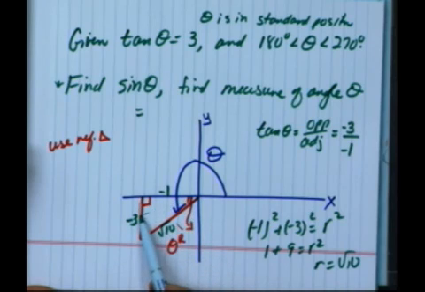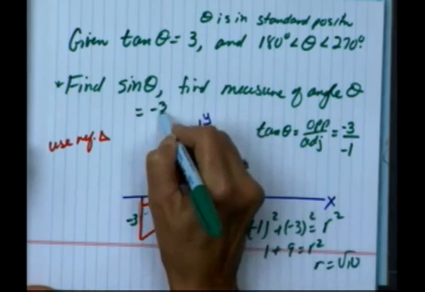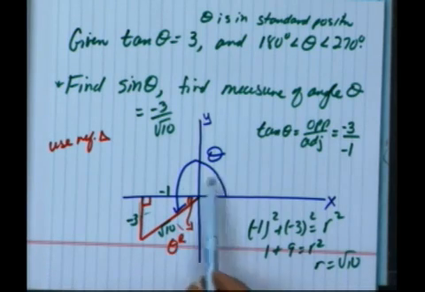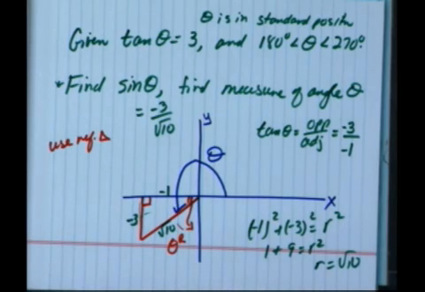Use your little reference angle: opposite over hypotenuse, negative 3 over square root of 10. Once we find out this big angle, we'll come back and do some approximations with our calculator to show that you are correct. Let's just go a little further while we're right here.